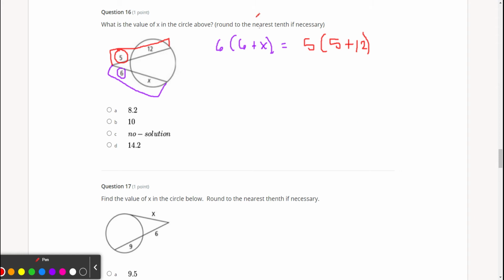I would add them first and then multiply, but it doesn't matter.